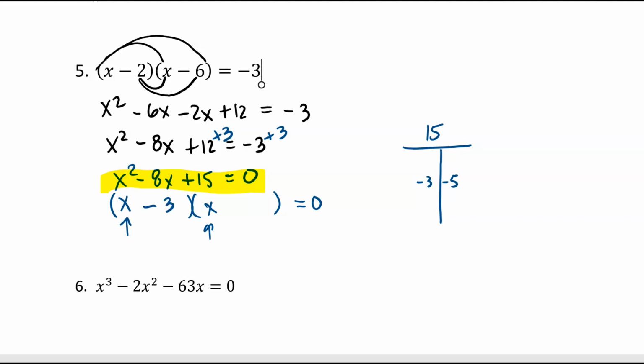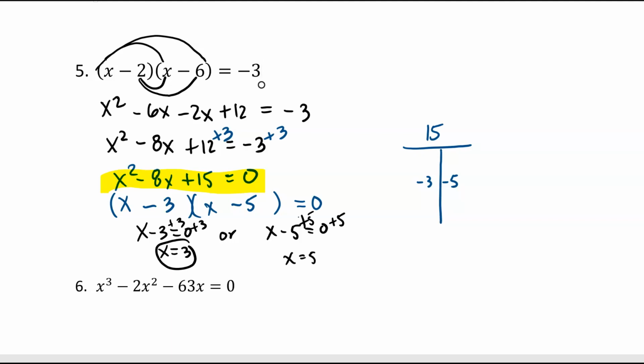So x minus 3 times x minus 5 are the factors to this particular trinomial. Then we will set each one of these factors to 0. We will add 3 to the left side to get a +3 as one of our solutions, and we will add 5 to get a +5.